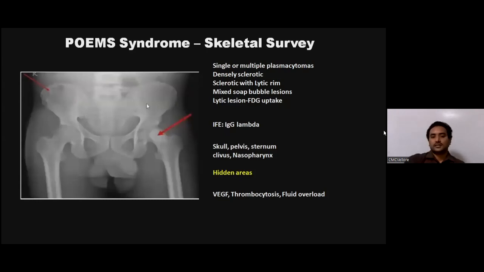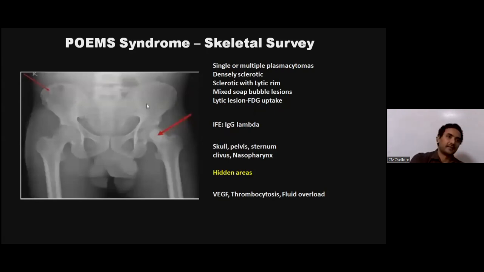The different presentations will be solitary or multiple, densely sclerotic or with a sclerotic rim, mixed, soap bubble appearance, and on FDG PET you can see the lytic lesions. What does the PET scan show? PET scan shows increased uptake. I didn't put that picture.